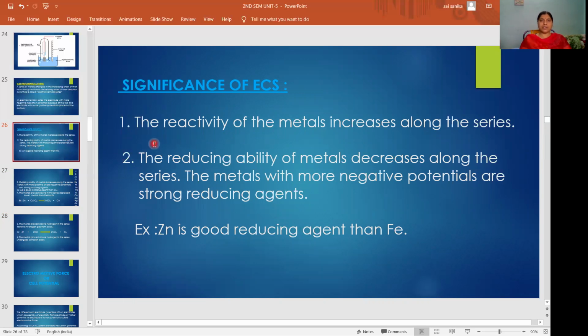Then come to the significance, the reactivity of the metals increases along the series. And the reducing ability, what is happening? It is decreasing along the series. Metals with more negative reduction potentials are strong reducing agents. Example, zinc is a good reducing agent than iron. Zinc is above, iron is below.